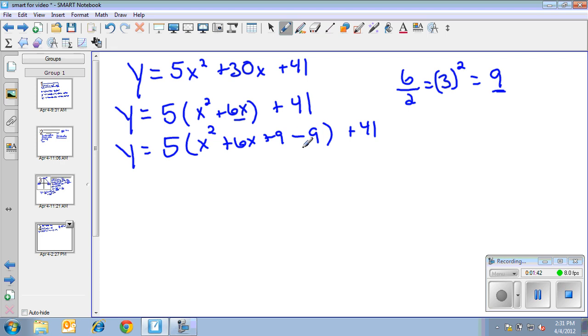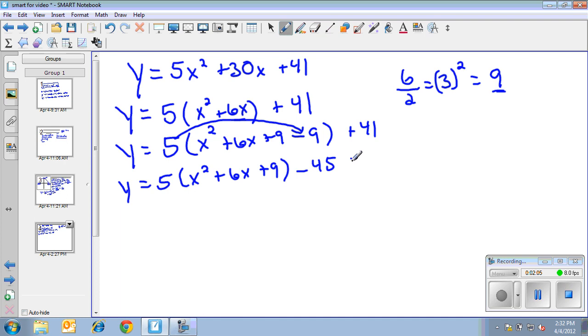I have to get rid of the negative number, but I can't remove it from the bracket without multiplying it by the number that's out in front. So whatever number you have in front of the bracket, you multiply by the negative, and then we can remove it from the bracket. So then all we're left with is our perfect square trinomial, x squared plus 6x plus 9. Okay, 5 times negative 9 gives me negative 45 plus 41.